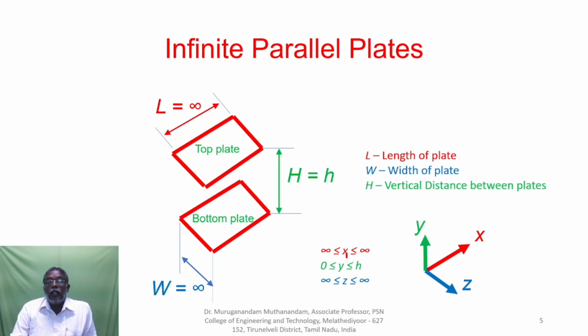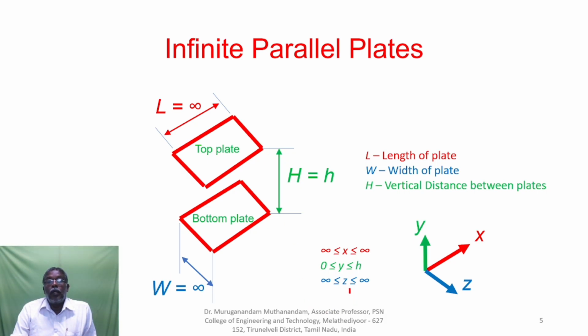Thus the limits for x coordinate vary from minus infinity to infinity, and the variation of y is from 0 to h, where 0 is the location of the bottom plate and h is the location of the top plate, that is, the location of the fluid particle near the bottom plate and near the top plate.